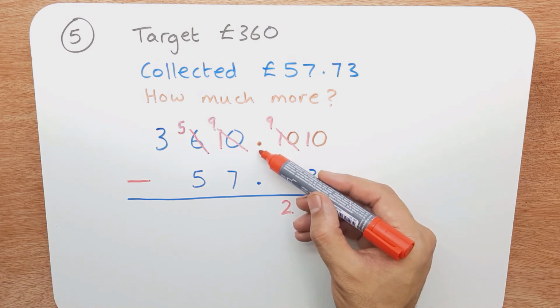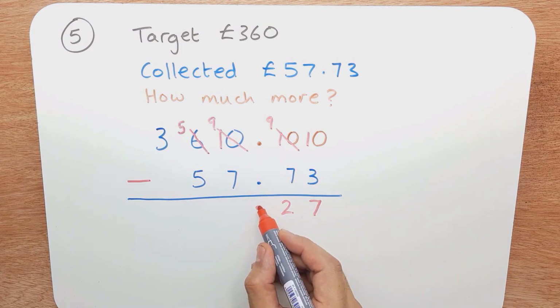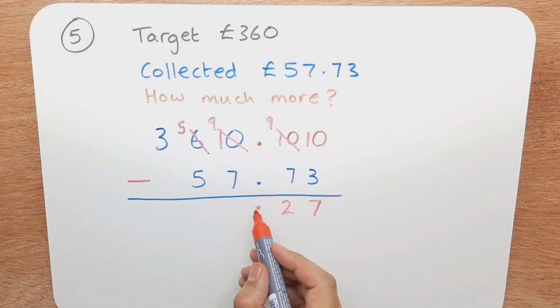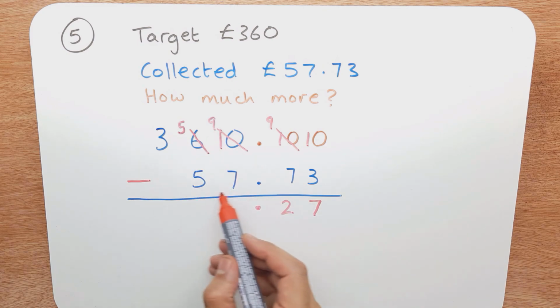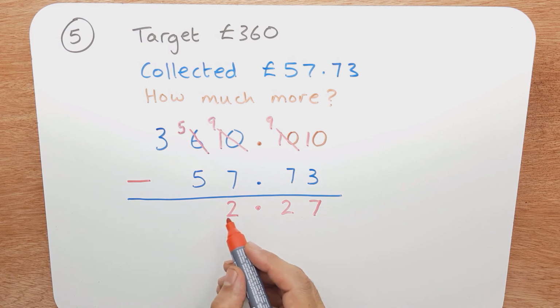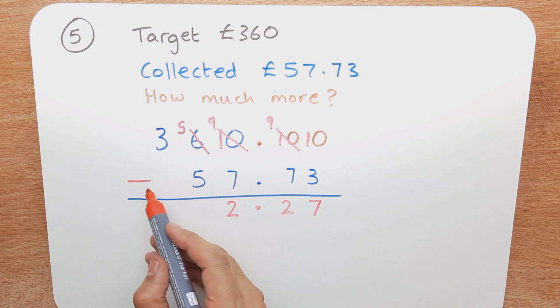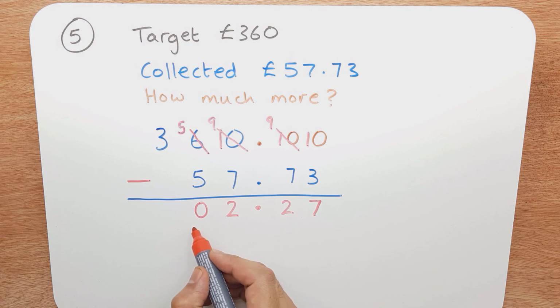Now you have to be careful with these decimal points, so we're going to put our decimal point here and line it up very, very clearly. 9 take away 7 is 2. 5 take away 5 is 0.